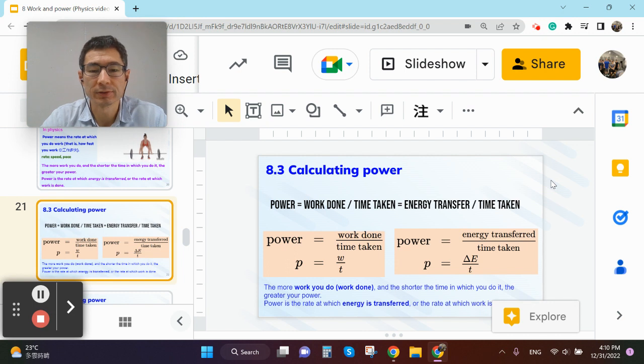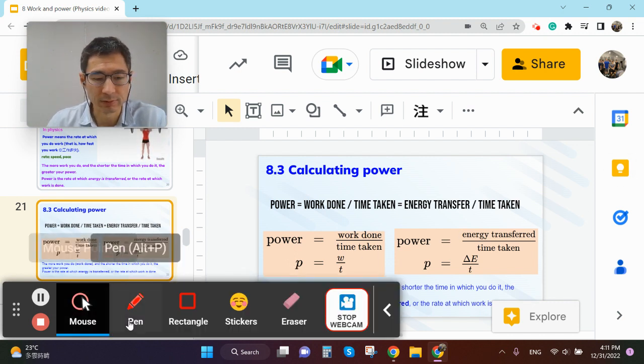The equation is P equals work done, which is capital letter W, divided by T, the time, or energy transfer, which is E, divided by T. So this is the equation.